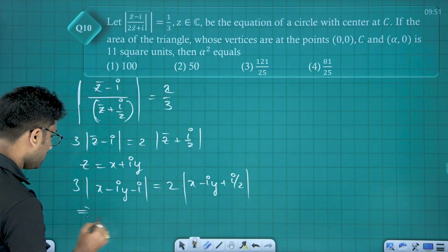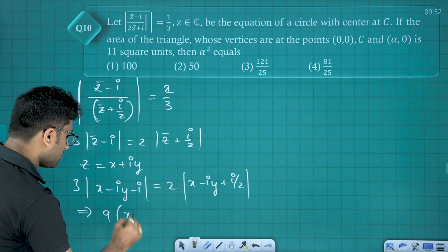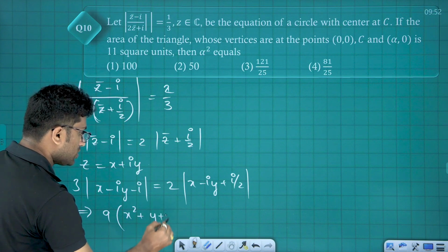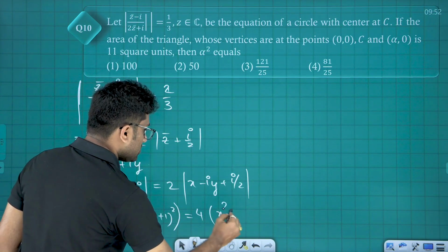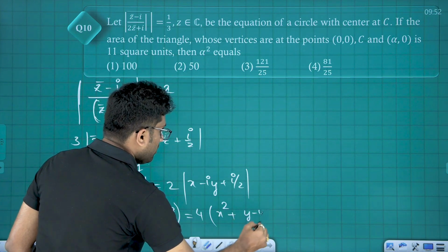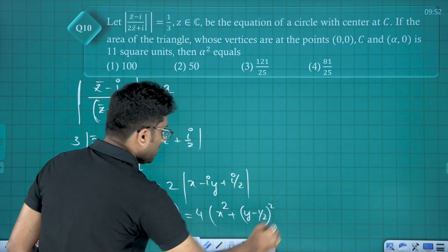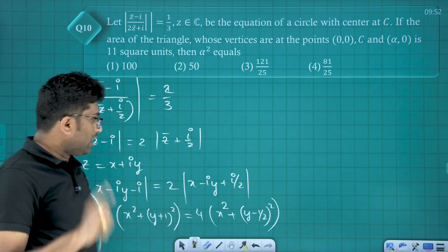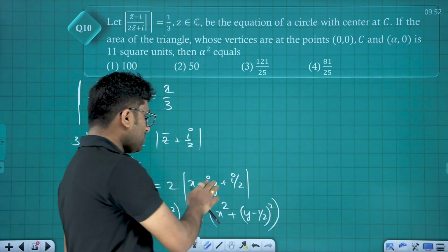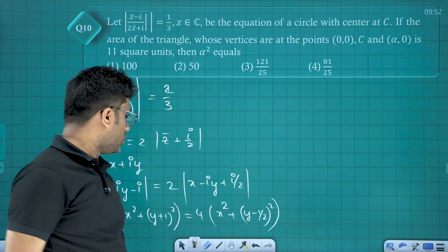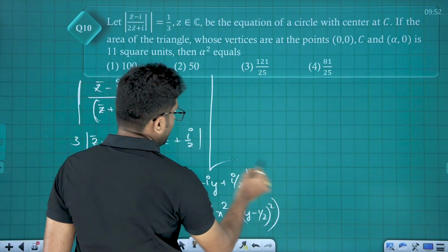So clearly 9 times x square plus y plus 1 whole square is equal to 4 times x square plus y minus 1 by 2 whole square. If I take i common, it is minus y plus 1 by 2, so that becomes y minus 1 by 2 whole square. So now we have to simplify this, friends.